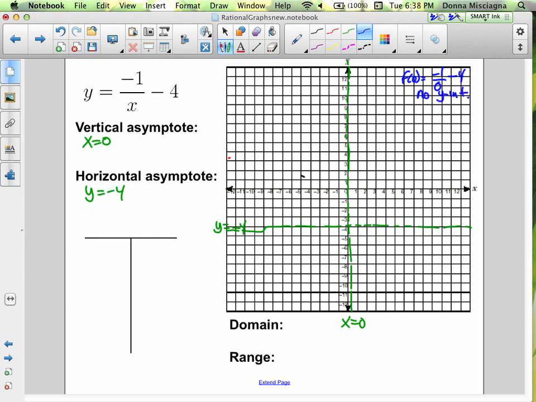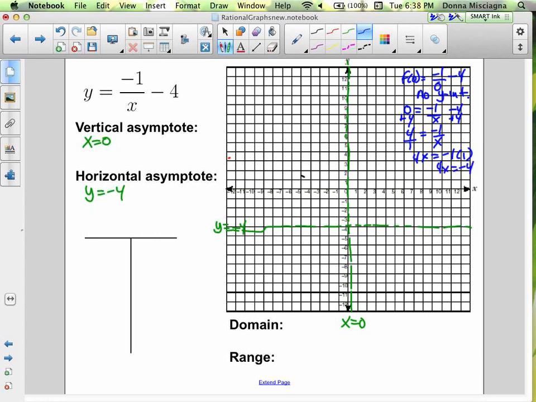How about an x-intercept? 0 equals -1 over x minus 4. Add 4 to both sides. So we have 4 equals -1 divided by x. All right, so we'll cross multiply. 4x equals -1 times 1, and that's just -1.